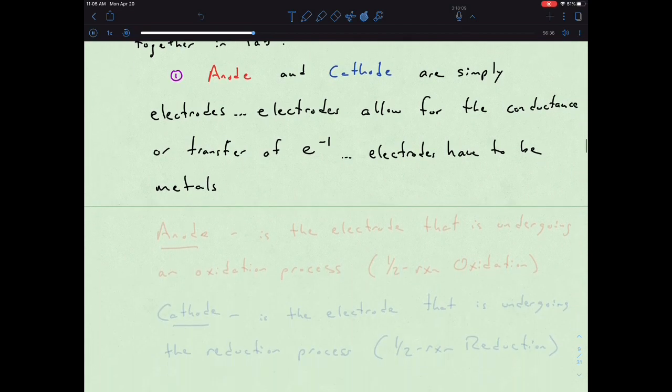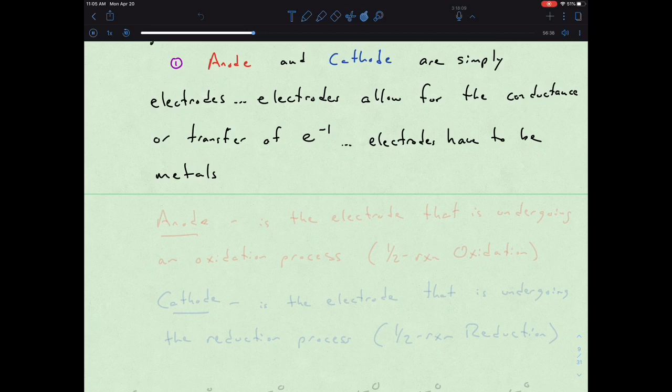So when we look at cell diagrams and we start to actually put the battery together, we have to realize that there's two half reactions, the anode and the cathode, the site of oxidation and the site of actual reduction.